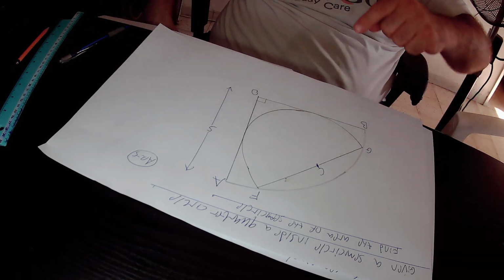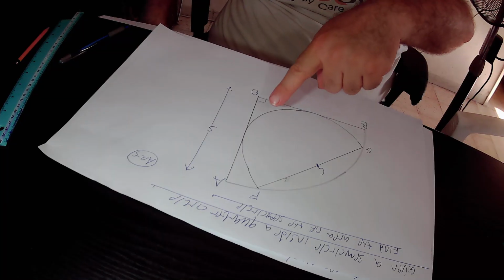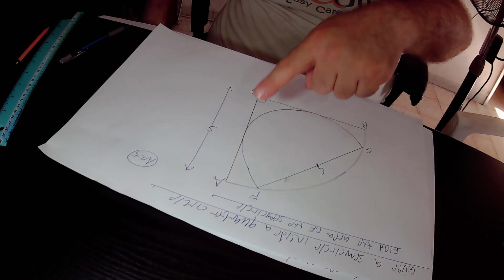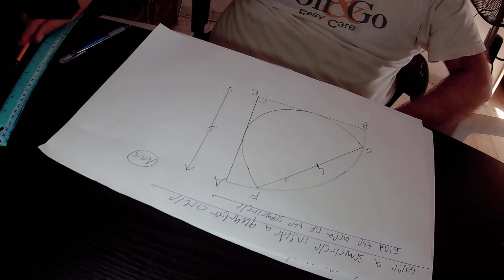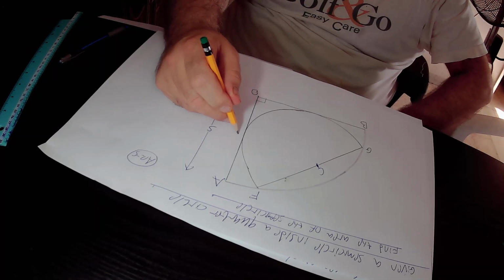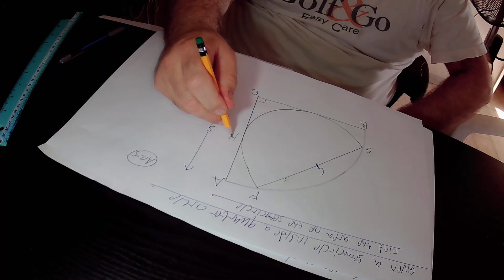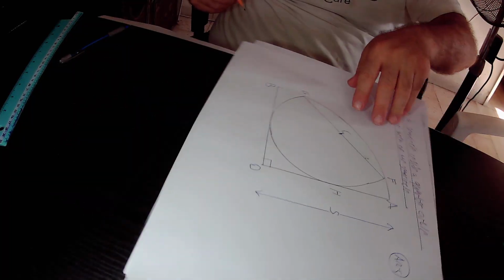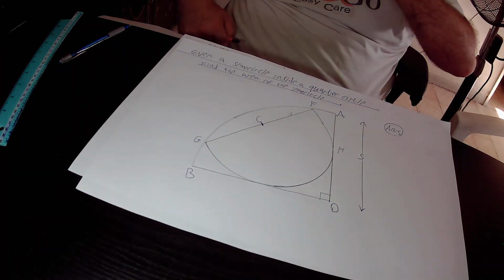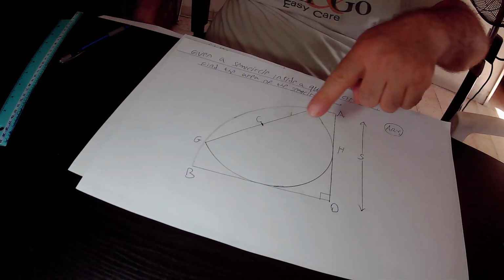We will define the point of tangency of tangent AO with this semicircle. This point is point H. And finally, we will define the point of tangency of tangent BO with this semicircle.